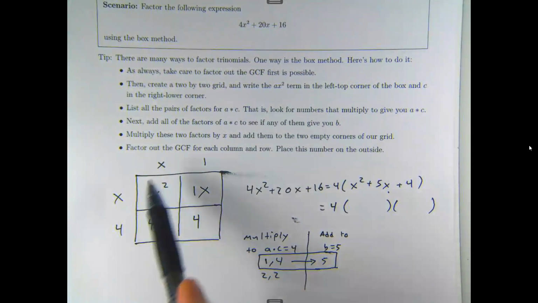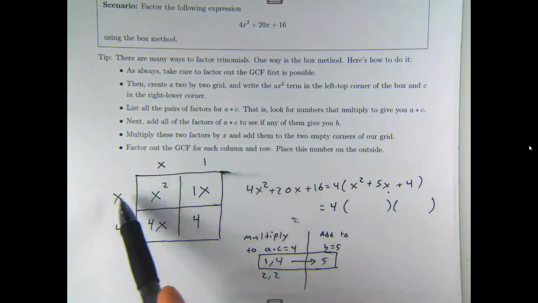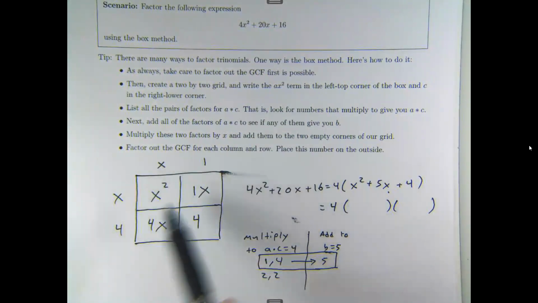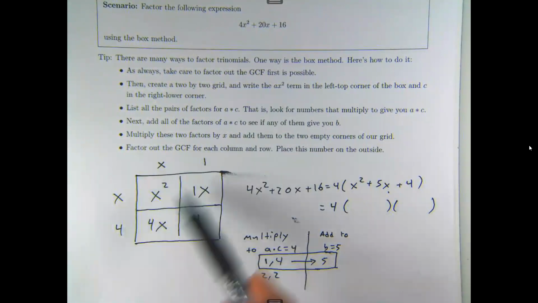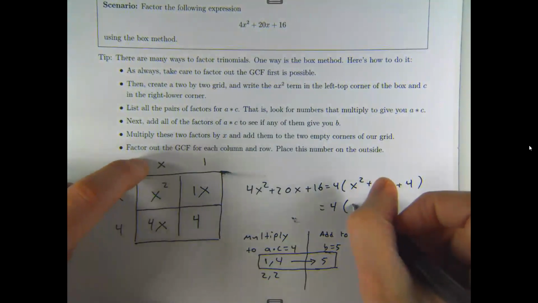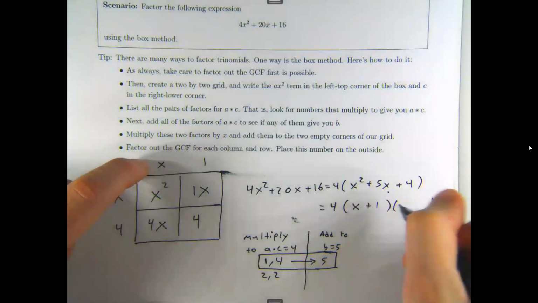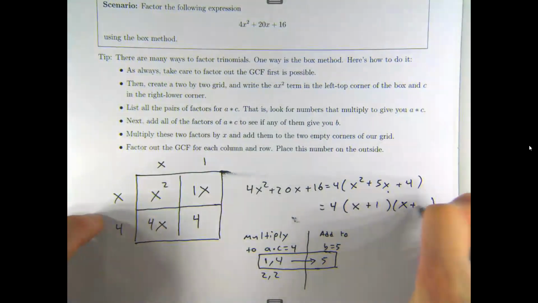Checking and multiplying it out, so x times x gives me x squared, x times 1 gives me 1x, 4x, 4 times 1, 4. So it looks like this multiplies out as x and 1 and x and 4.